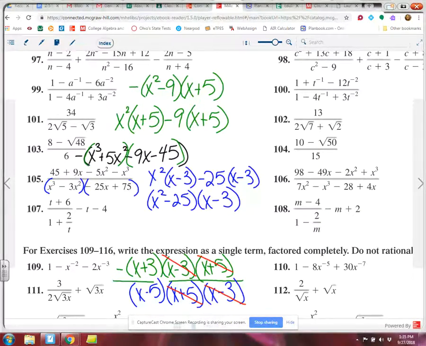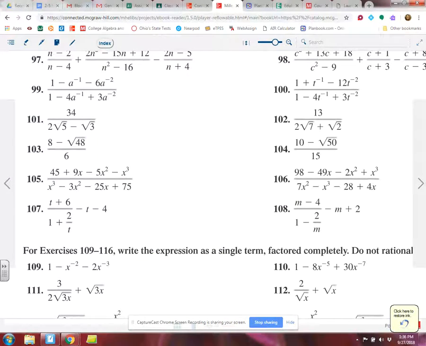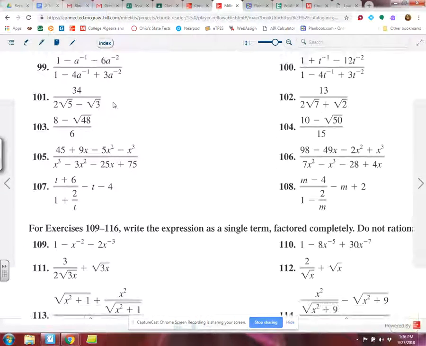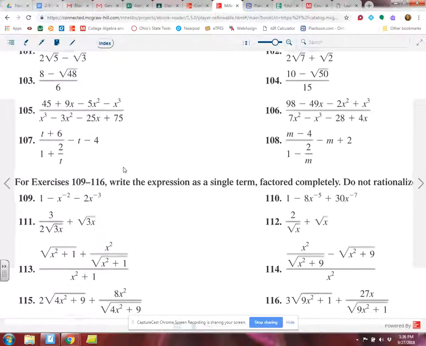The last one that I have is number 107. That front part there, yep. All right. So what do we think about 107 here? LCD of what?